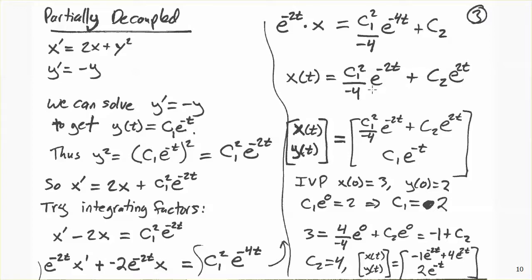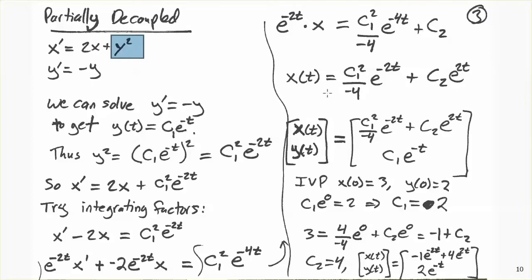Now I want you to notice, before we move on, one thing that's interesting to see. We could have tried to solve this using a guessing method with the homogeneous and the particular solution. And if we cover up the y squared here, and we just look at x prime equals 2x, the homogeneous problem would have a solution of e to the 2t. And that's right here. There's your c2 e to the 2t. There's your homogeneous solution.